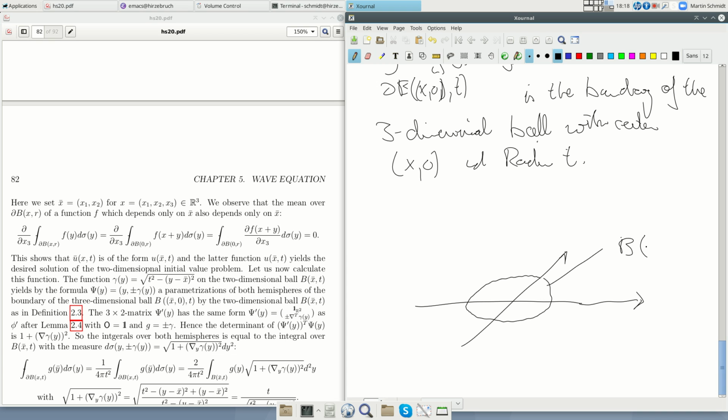Sorry, we call this B of x bar. This is the two-dimensional coordinate we call y bar. Over this ball we have two hemispheres.